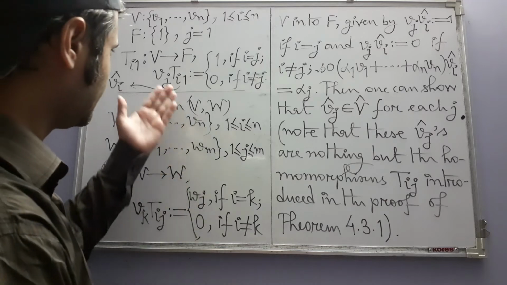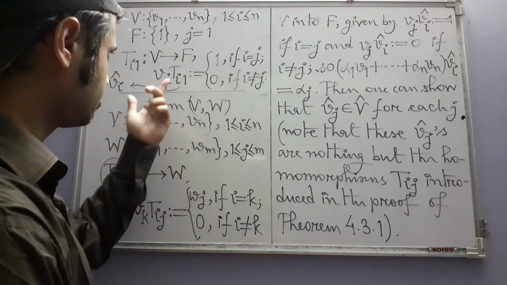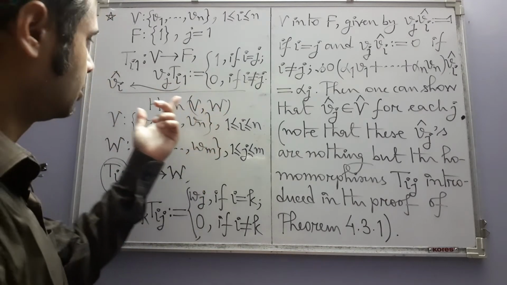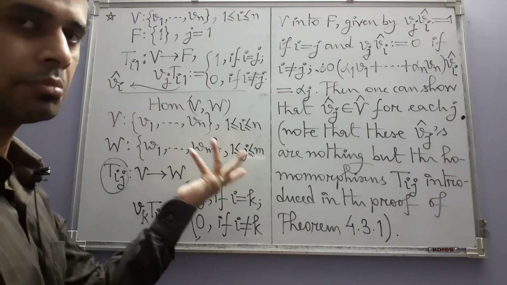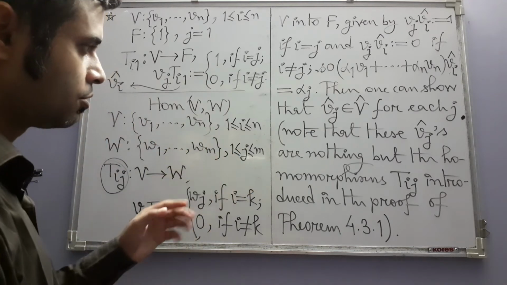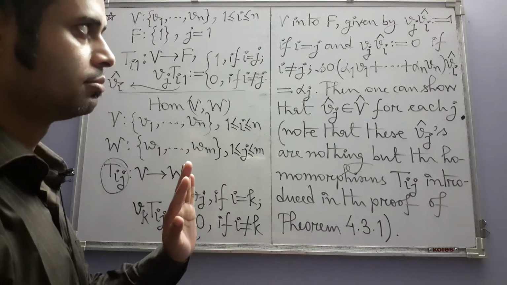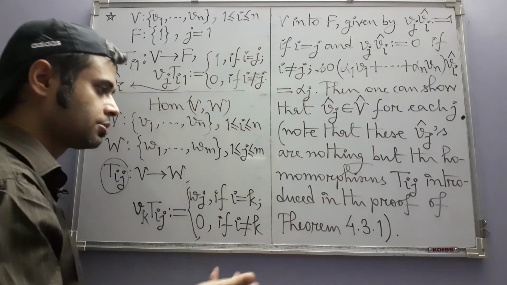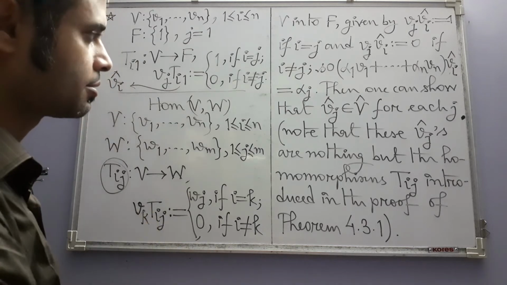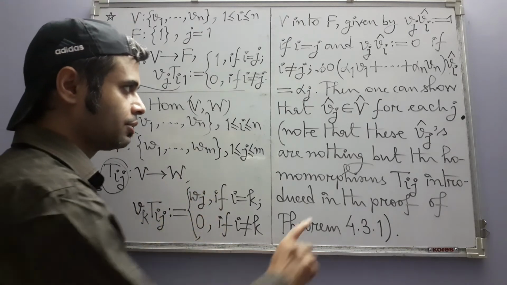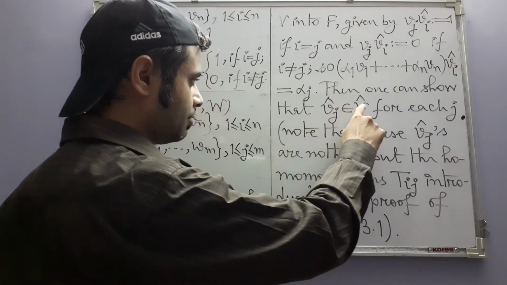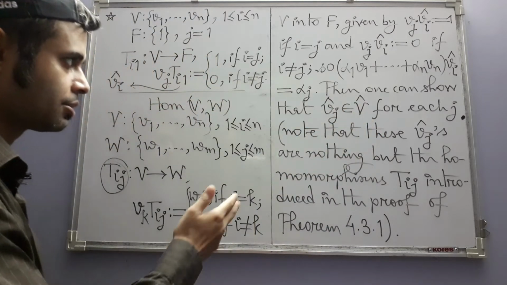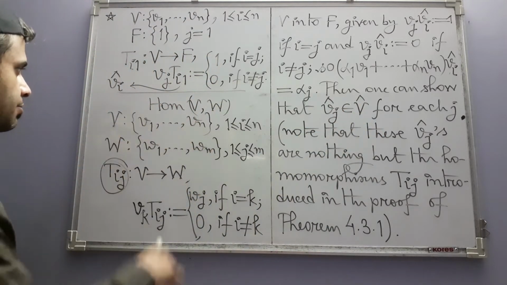Okay, so we are just simply, without using the same notation, we have decided to use some other notation. So we haven't done anything new, although we are defining something here, but those things we already have come across. And so now we know that these vj hats are not just in v hat, because v hat is this thing.